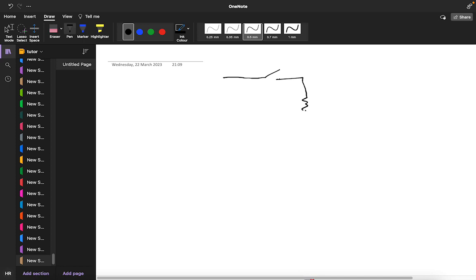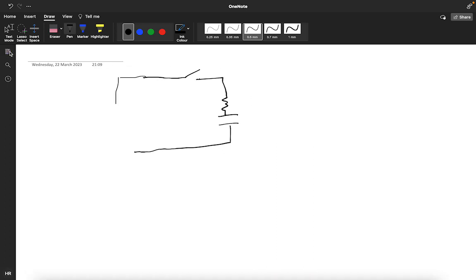So this is your R and this parameter is C, and it has a voltage across it.